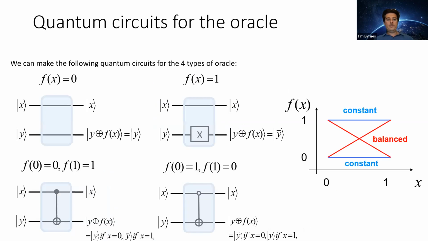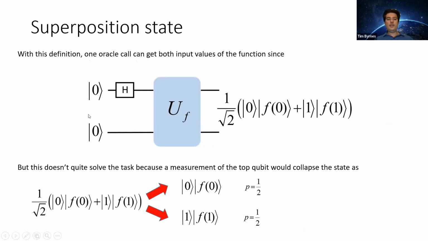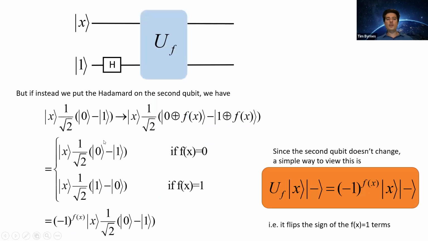Now, for the second qubit, we tried putting it in the 0 state, but that didn't really work. But there's this trick where if you input the minus state to it, nothing happens to the second qubit. It's minus at the beginning and minus at the end, but it allows us to use this two qubit oracle.